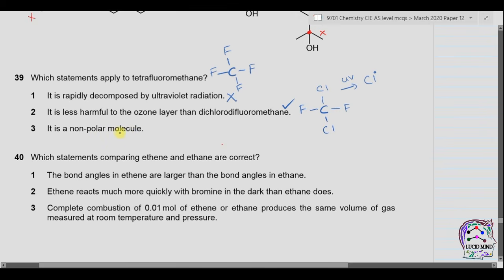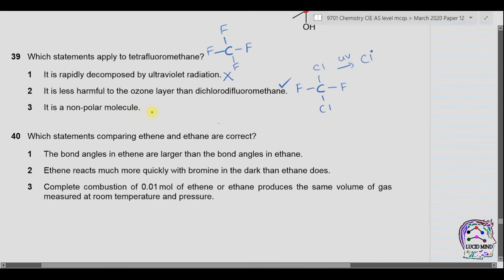Third one says it is a non-polar molecule. So let's see. Carbon combines with 4 fluorine atoms and the structure is tetrahedral and the bond angle is 109.5.